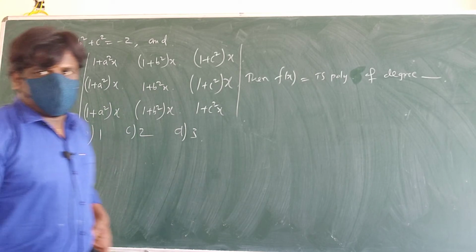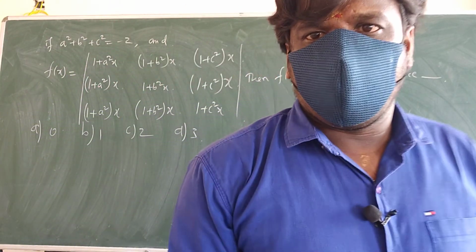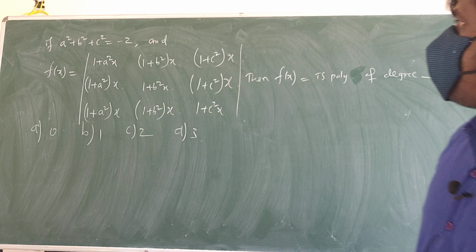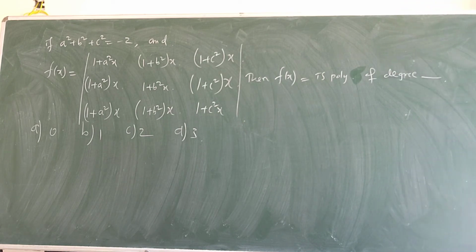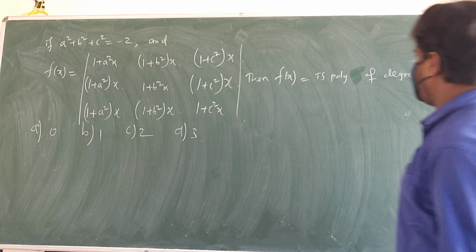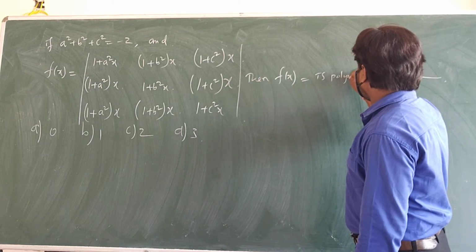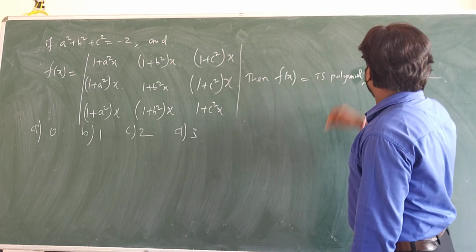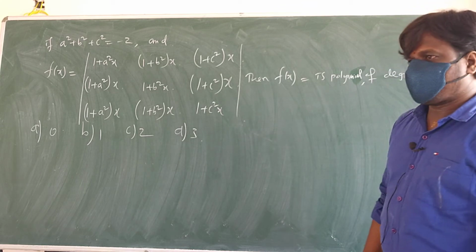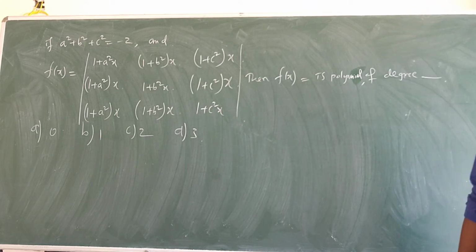So this is the question, JEE previous year question. If a square plus b square plus c square equals minus 2 and f of x is equal to this, f of x is saying this determinant value is a polynomial of which degree?